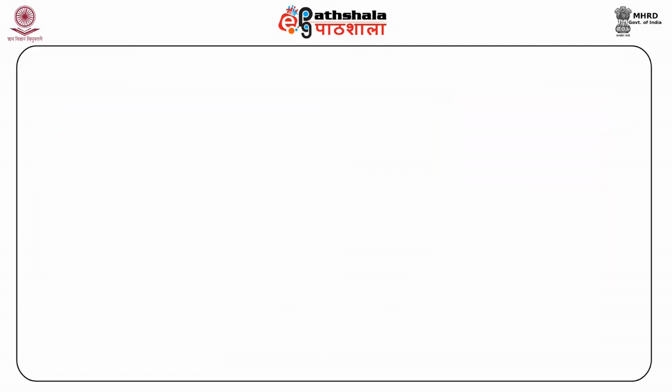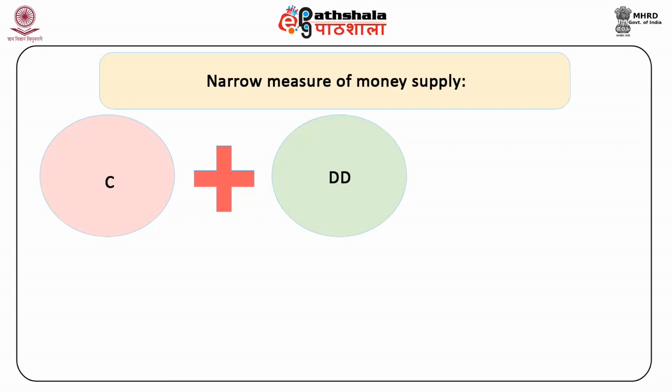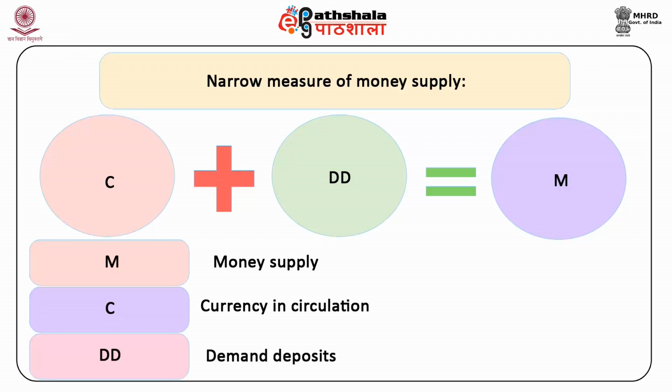From here, we get the most narrow measure of money supply, which is currency plus demand deposits, bank accounts against which checks can be drawn. This can be expressed as follows: M is equal to C plus DD, where M is money supply, C is currency in circulation, and DD is demand deposits.